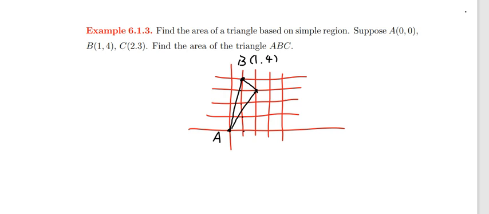So for this triangle, if we use the formula with B multiplied by H, we need to find B and need to find H. So finding H and B is not so easy. It takes some time. But here our idea is that we just check this rectangle.